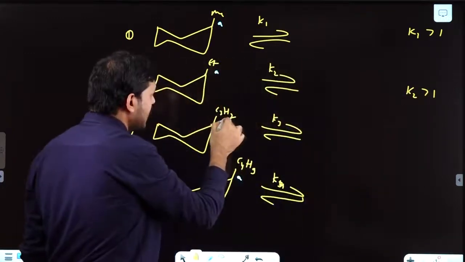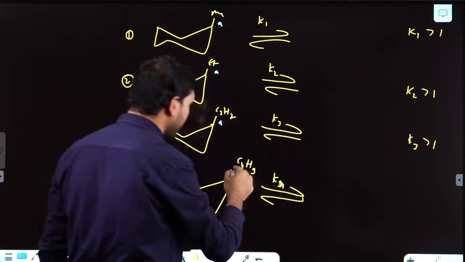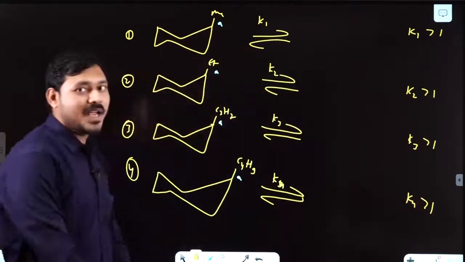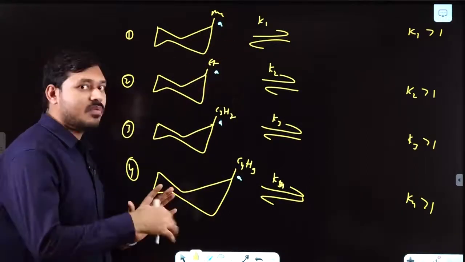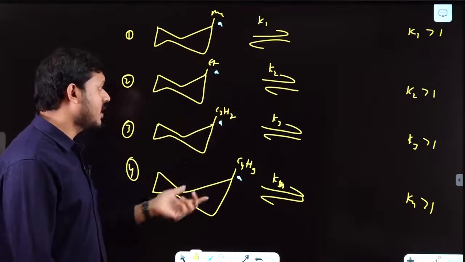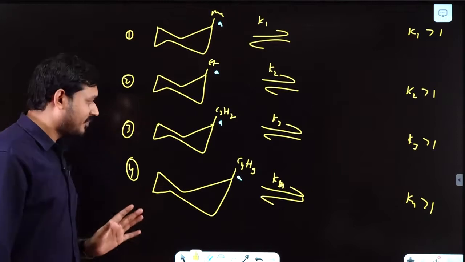Similarly this axial goes into equatorial, K3 is greater than 1. Now this one, K4 is greater than 1. But my question is, what is the order of K1, K2, K3, K4? Which will be more? How will you compare? Because all the 4 groups are different, we cannot compare as such. So think over it.